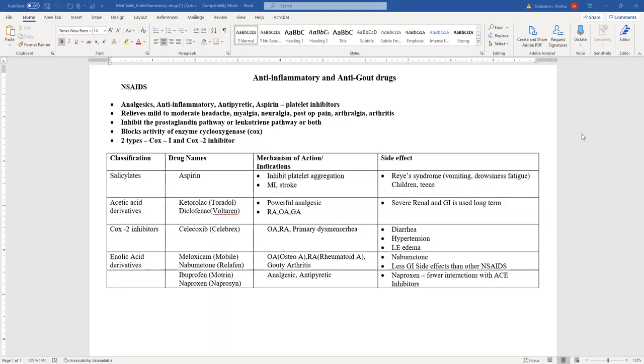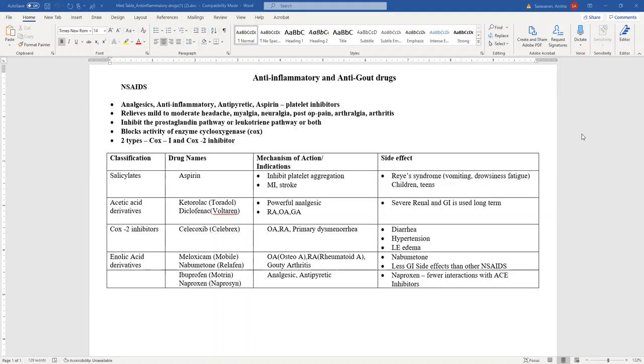It's important to know that there was a black box warning before, and those are selective inhibitors.